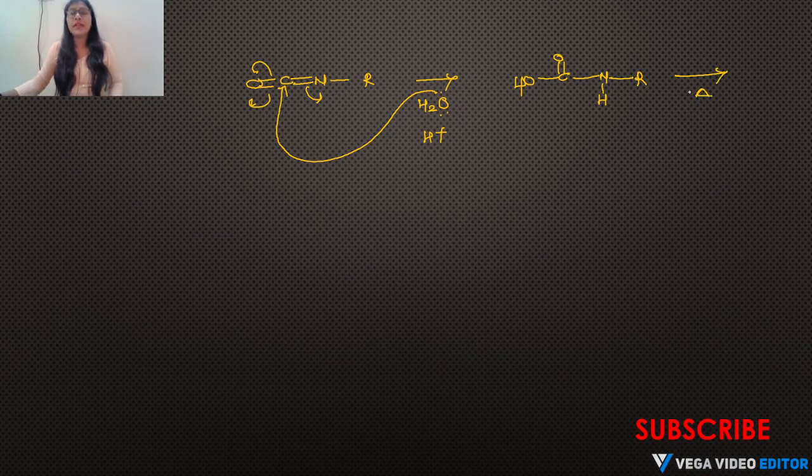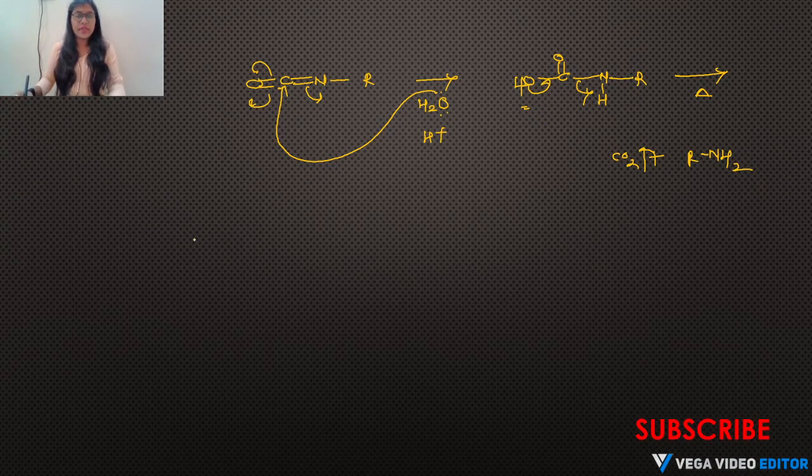Then under heating conditions CO2 is eliminated, this bond takes this proton, and we get CO2 as a byproduct and the product is RNH2. This is the mechanism for the Schmidt rearrangement.